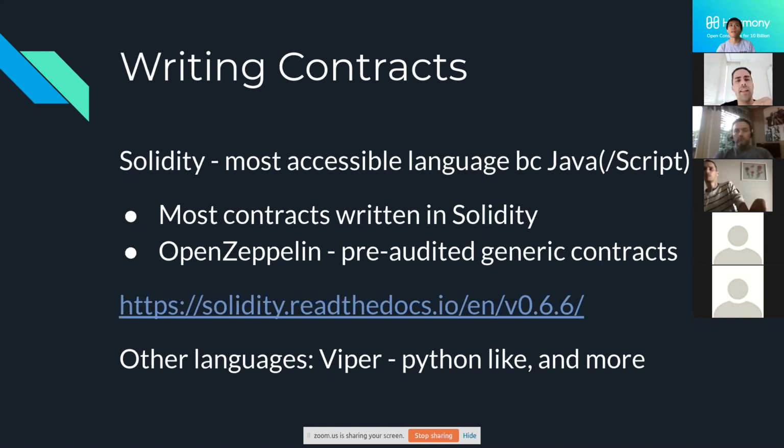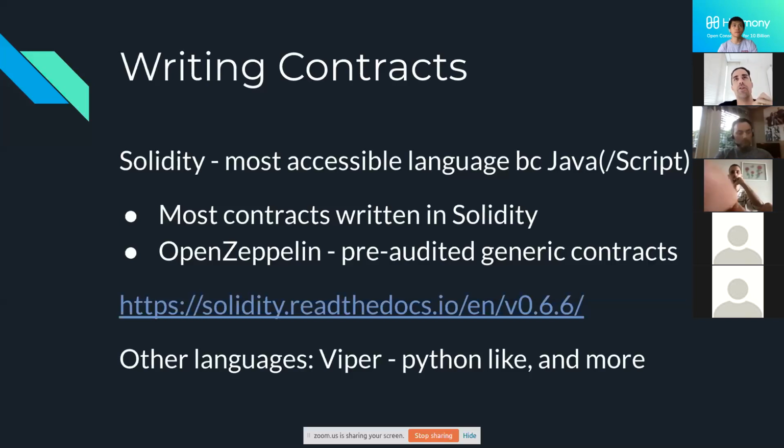Most contracts out there that are running on Ethereum are written in Solidity. That gives you a good base of questions and answers on Stack Overflow. It gives you a lot of background, and a lot of people can learn by examples. So that's why I'm personally going to do today's lesson in Solidity and just recommend that. I'm going to ignore these other languages.